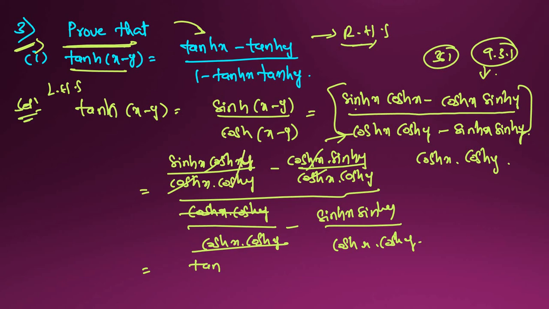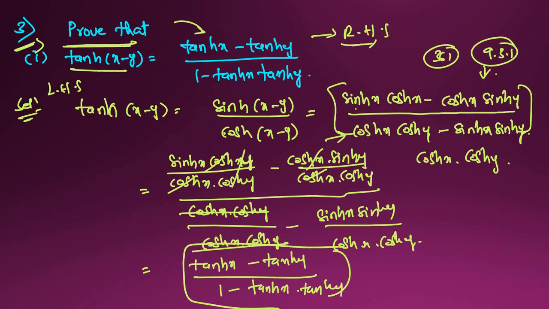These two will cancel, and it becomes tanh x minus tanh y, divided by 1 minus sinh x divided by cosh x, which is tanh x into tanh y. So this is the answer.